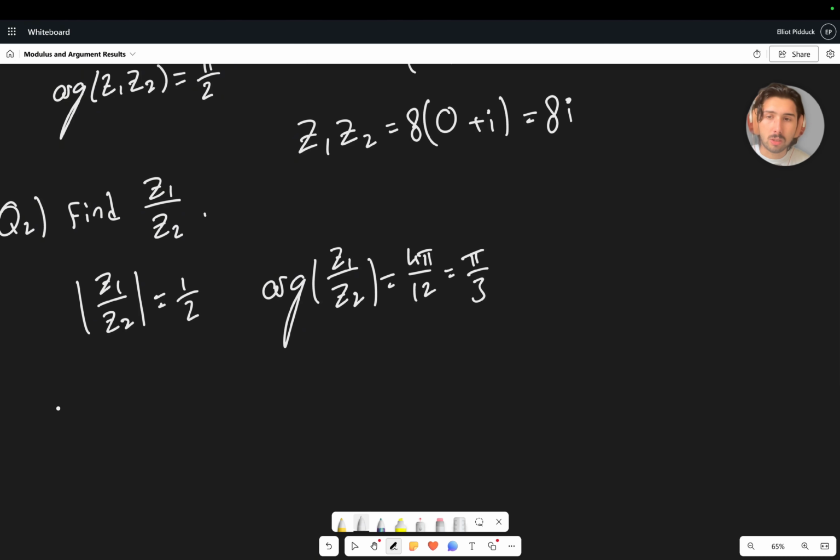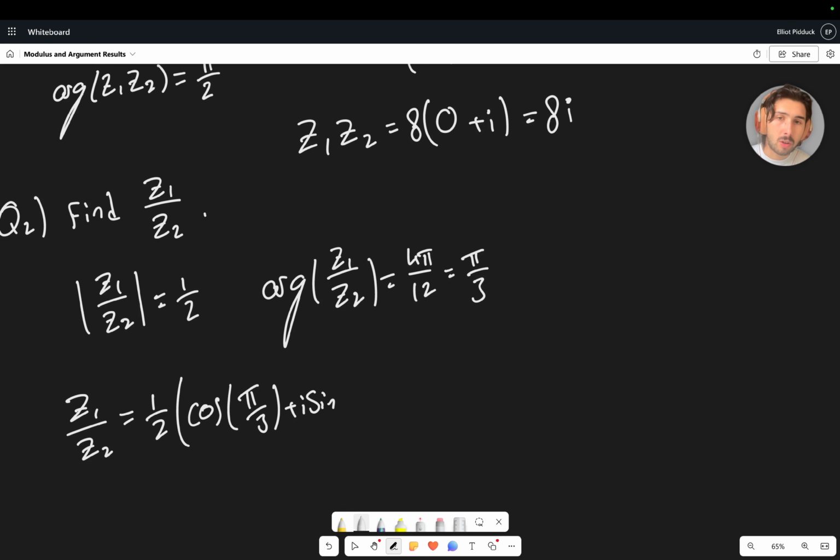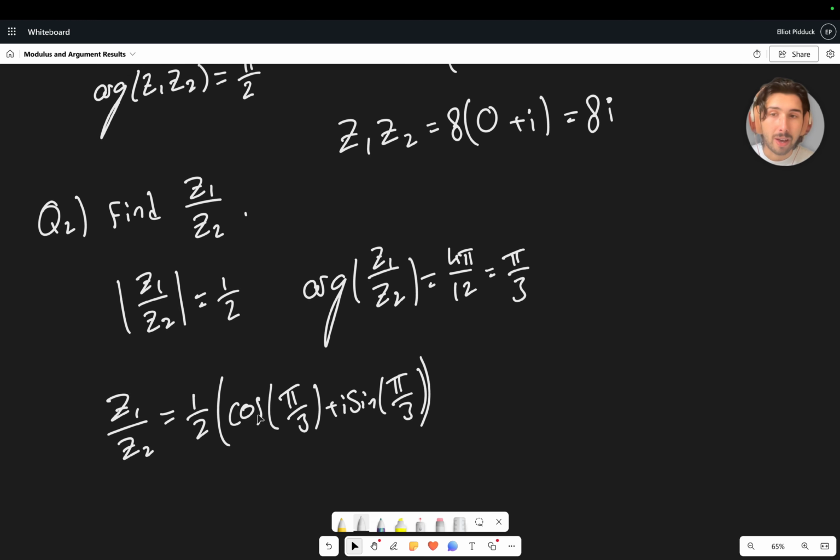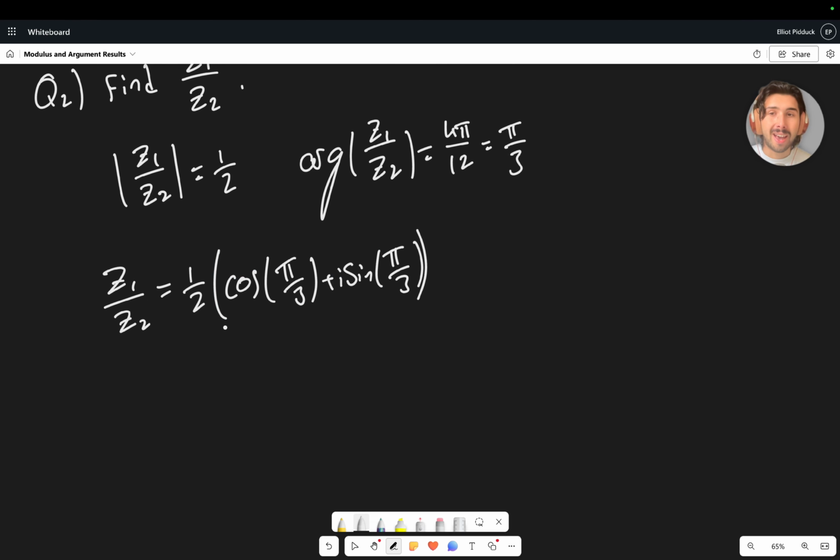And what that means is the new complex number z1 divided by z2 is the new modulus, which is a half, times cos of the new argument, which is pi over 3, plus i sine of the new argument, which again is pi over 3, just like that. And now we found z1 over z2 in polar form. And if you wanted, you could of course do the same thing.